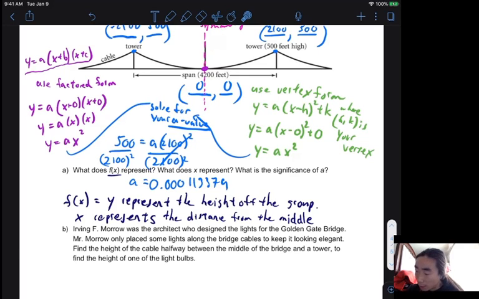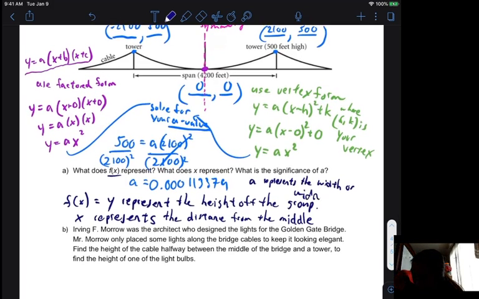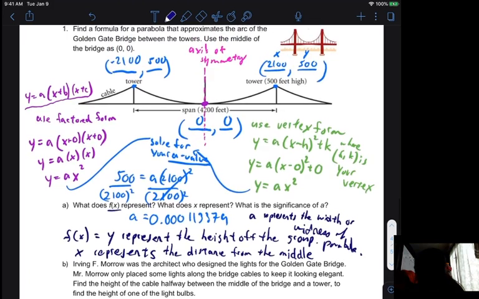And now we have one sense of what a represents. a represents the width, or wideness, of the parabola.